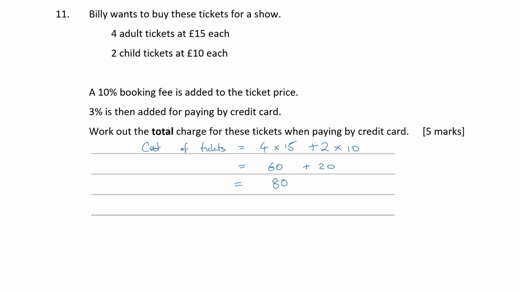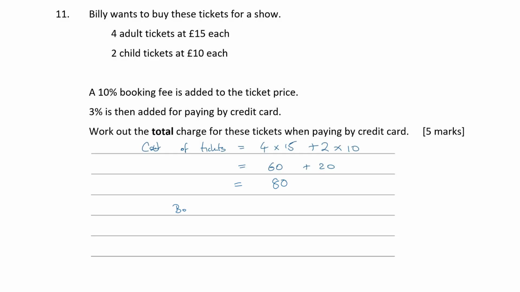Adding those together gives me 80. So the cost of the tickets is £80. Plus we need to put on the booking fee. Booking fee is going to be 10% of that. That's going to be £8, isn't it? Give me a total of 88.